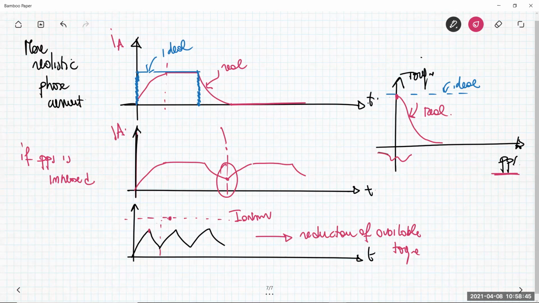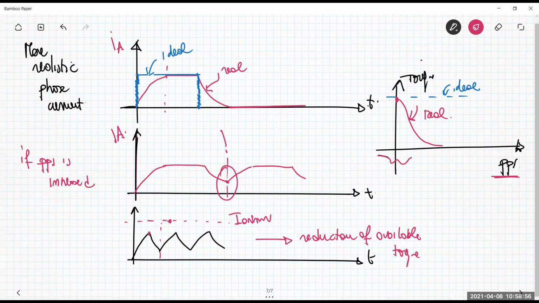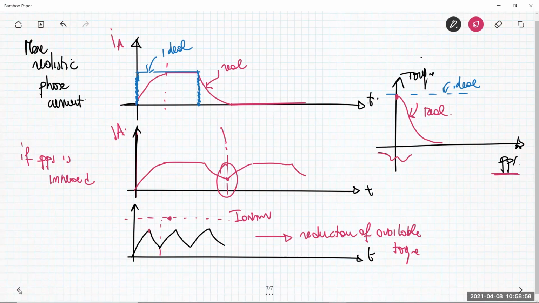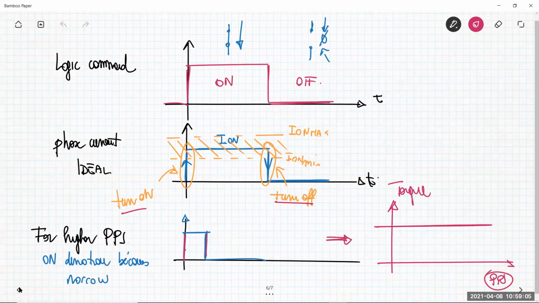So all the effort in building the driver for these applications is to generate a current in the phases according to the command signal provided at the input here.